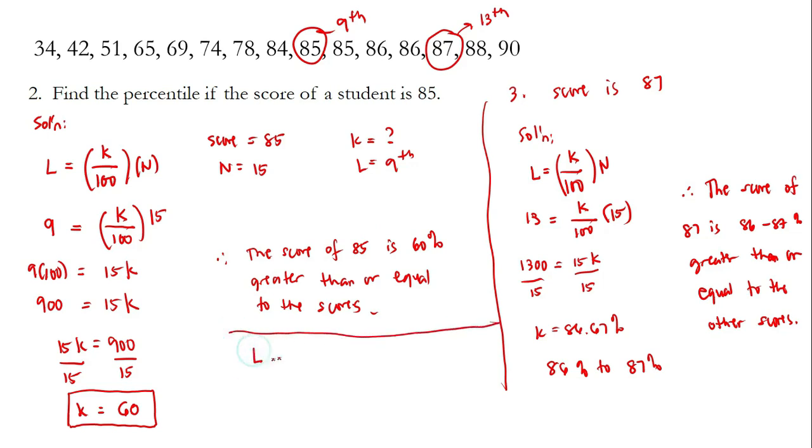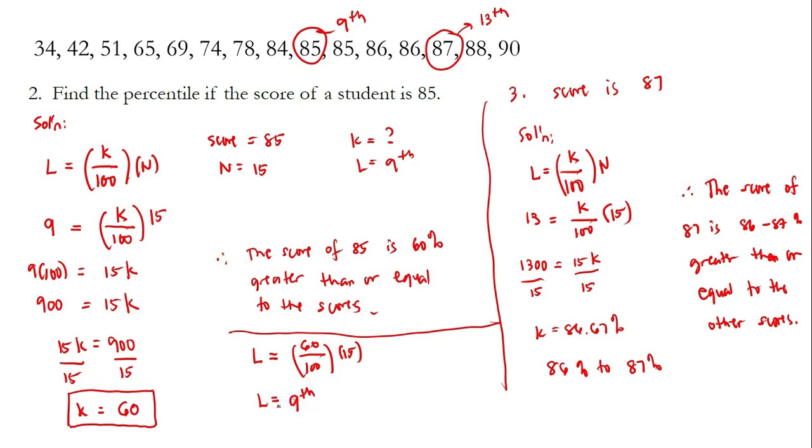So we have L equals K would be 60 divided by 100 times 15. So here L is 60 divided by 100 times 15, which gives us 9.